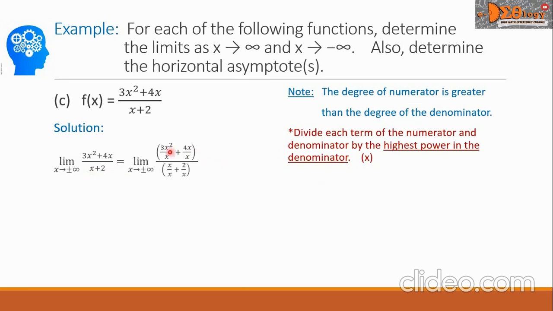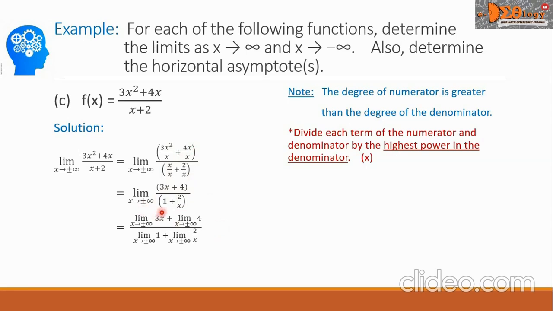Let us simplify each term of the numerator and denominator. This 3x squared over x becomes 3x, plus 4x over x is simply 4, all over x over x is 1, plus 2 over x is simply the same. Now let us take the limit of each of the terms in the numerator and denominator respectively. And the expression becomes like this. Let us simplify each of the limits.